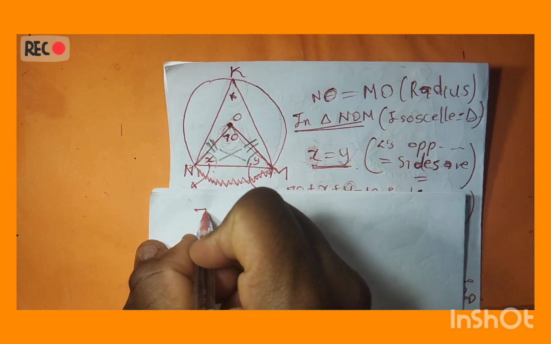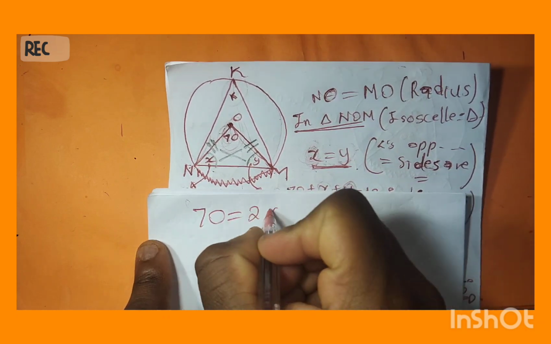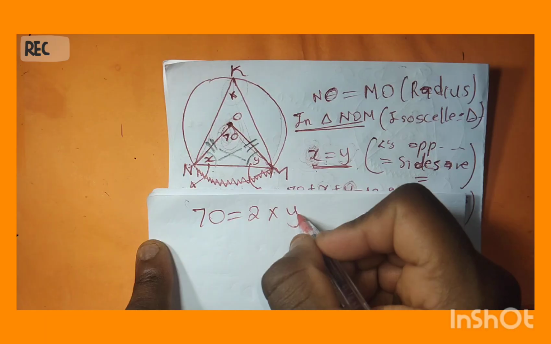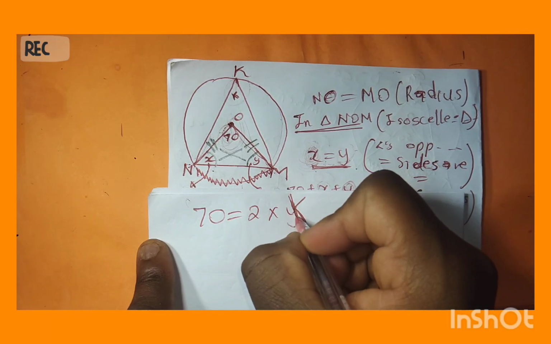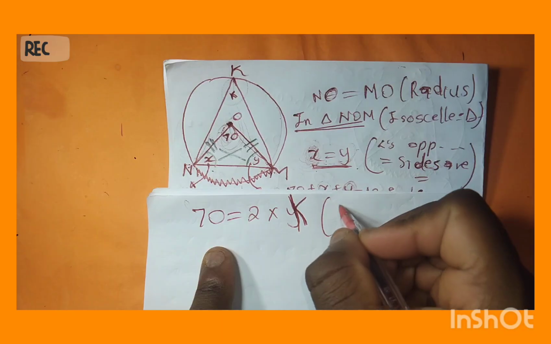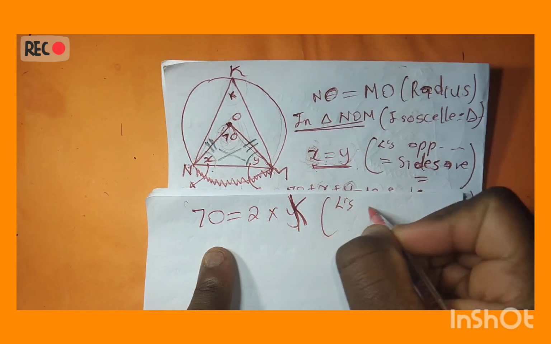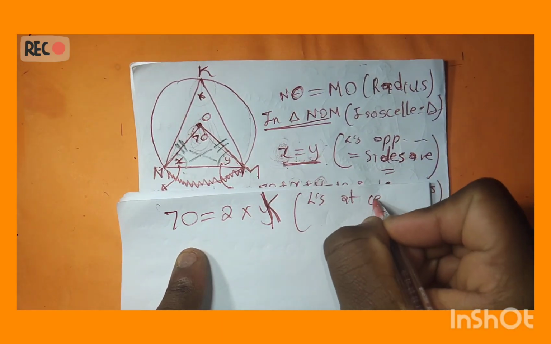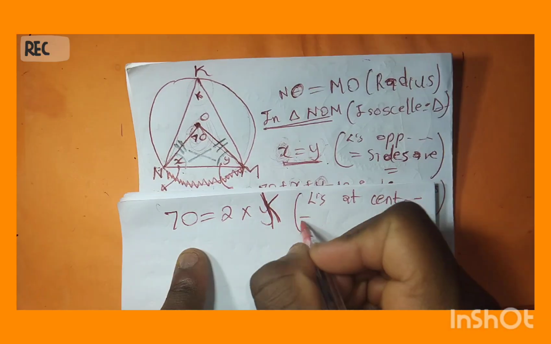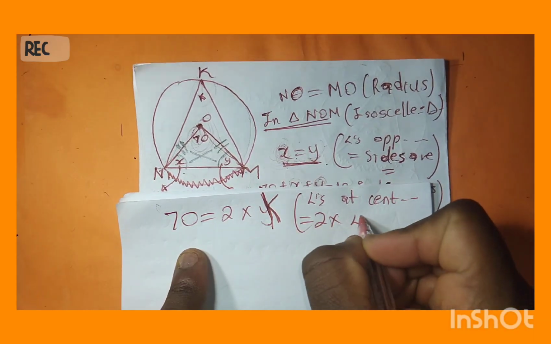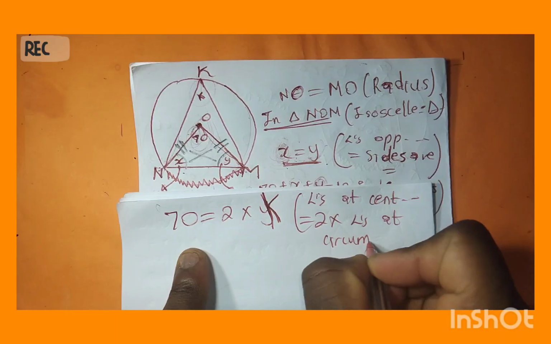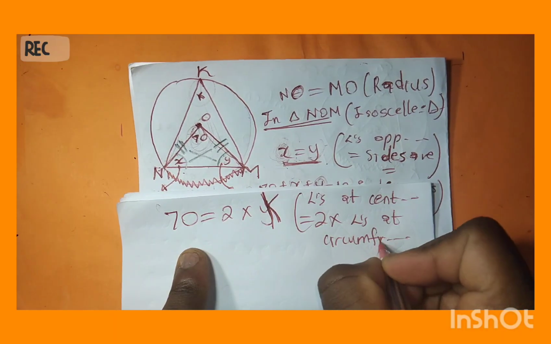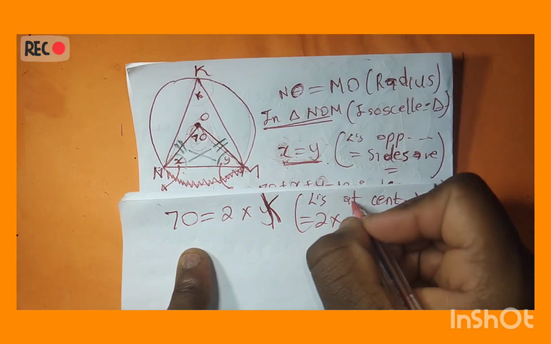The angle at the center is equal to 2 times the one at the circumference. The one at the circumference is k. So you can say angle at center is equal to 2 times angle at circumference.